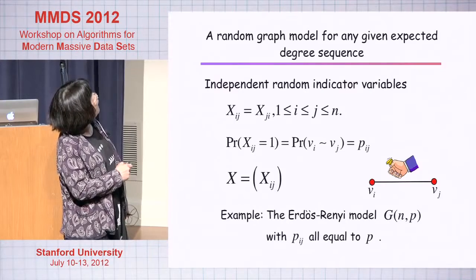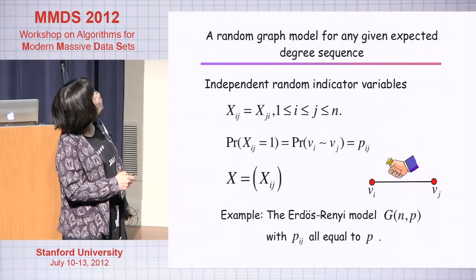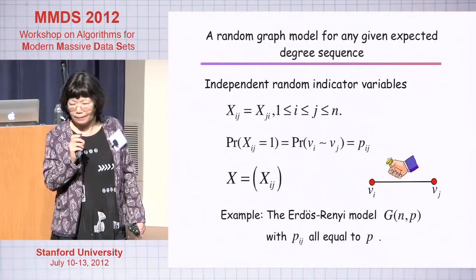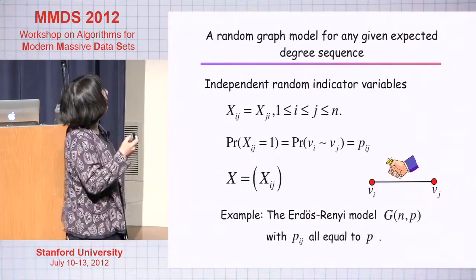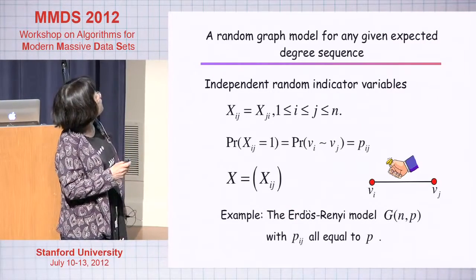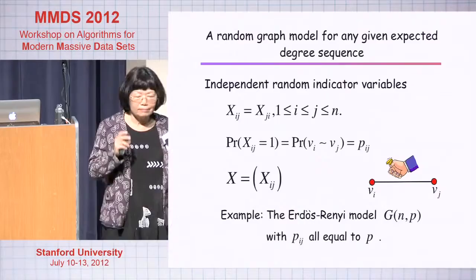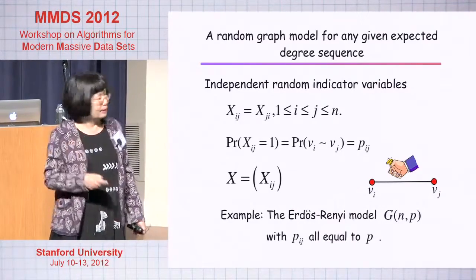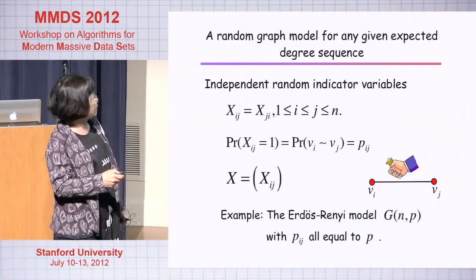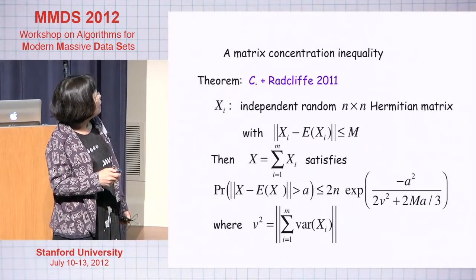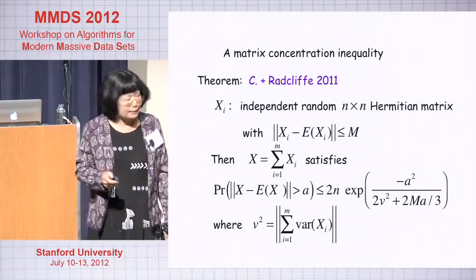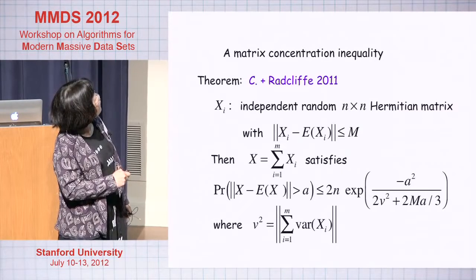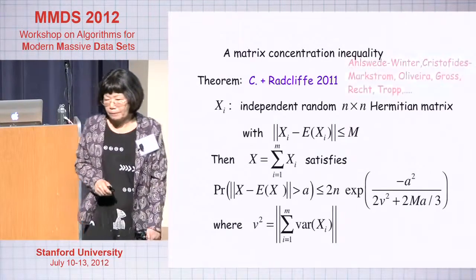For every pair of nodes, you flip a coin according to a probability p_ij, and assuming they are all independent indicator random variables, with this probability it's 1, otherwise it's 0. The usual Erdős–Rényi model is the case where all the probabilities are the same. That's the G(n,p) model. So what we want to do is really treat the matrix as a random variable.